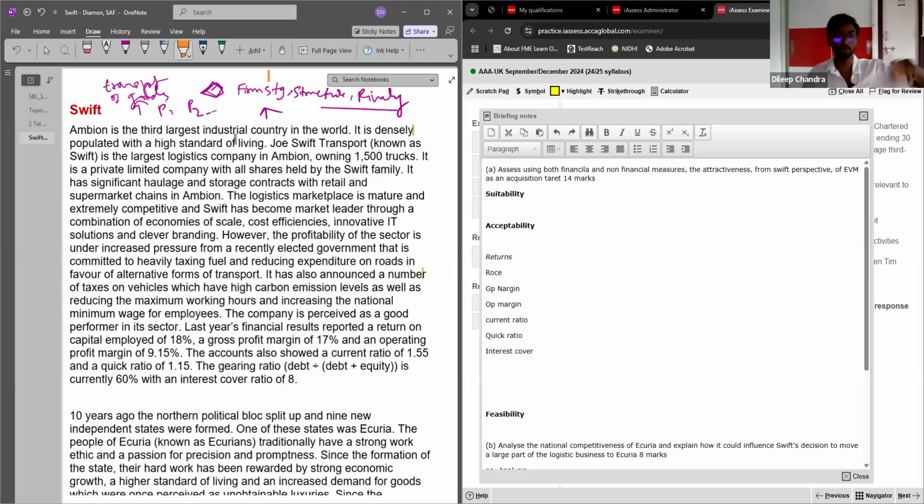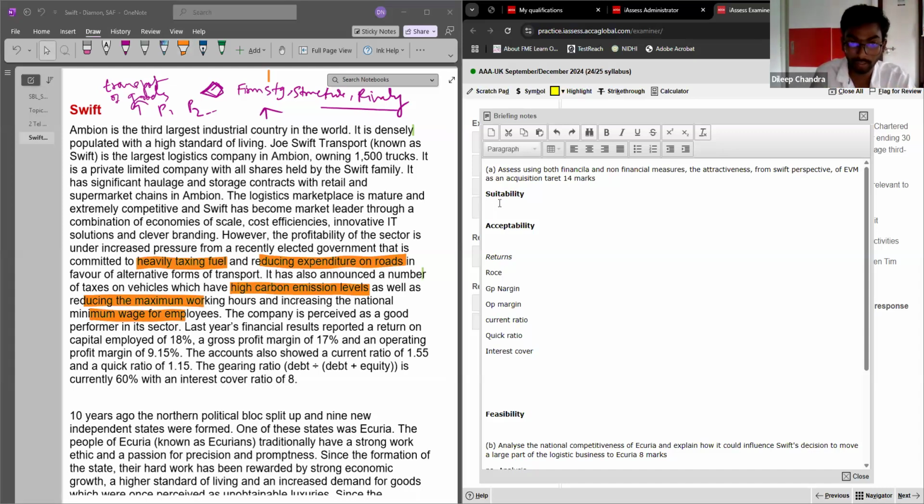Exactly. Conflict in the sense of some disagreements happening between the government and this company. Tax on fuel, reducing expenditure on roads, and then this carbon emission tax on these vehicles, reducing the maximum working hours, and then increasing the national wage. So these are the main points. I will have to talk about these things in the suitability area.